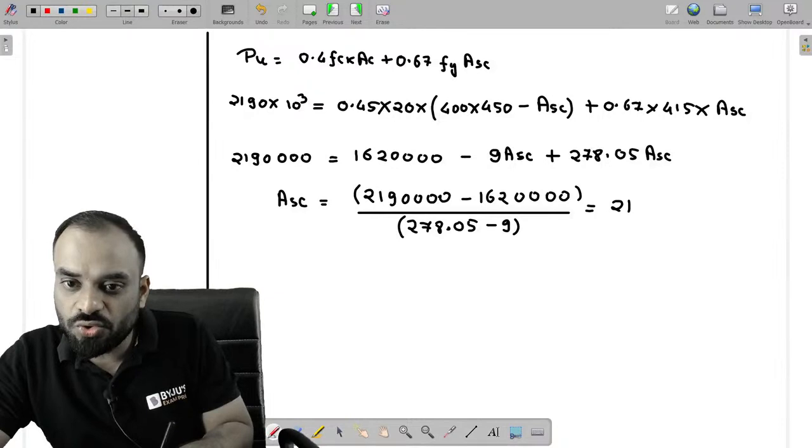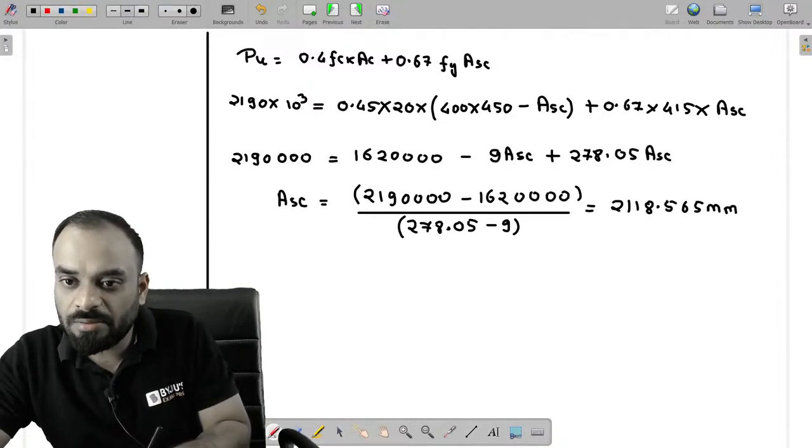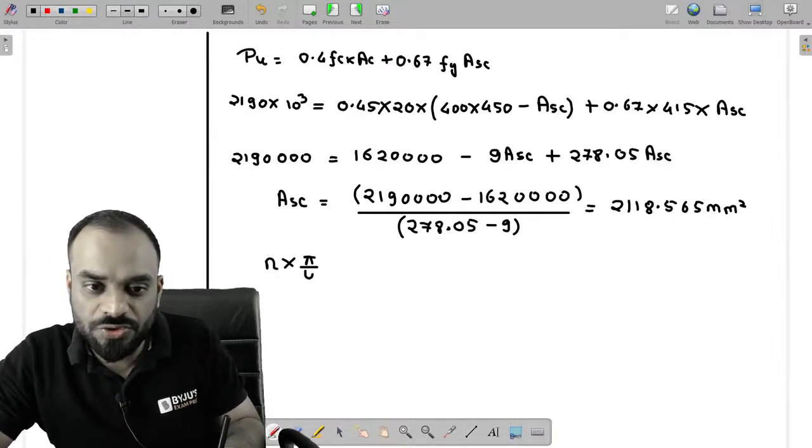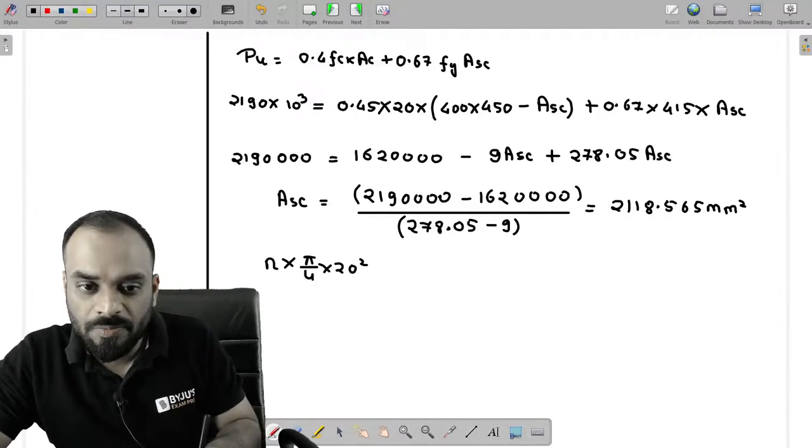So this value is 2118.565 mm square, right? So we have to write n number of bars whose dia is 20 mm.